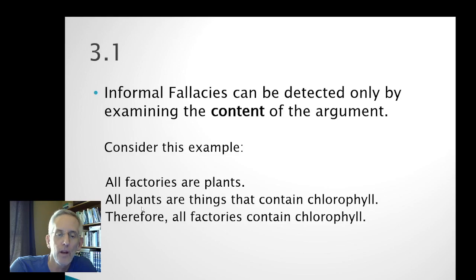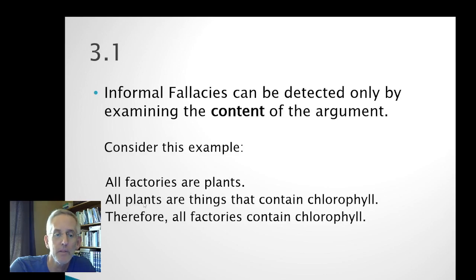So what philosophers call this is the fallacy of equivocation, and we'll learn that later on. We're not going to learn it in this section. The word equivocation just means to use a word in two different ways. So in the first premise, we're using the term plant to refer to one kind of thing in the world, a place where you manufacture something.